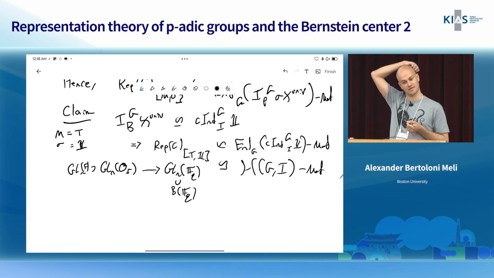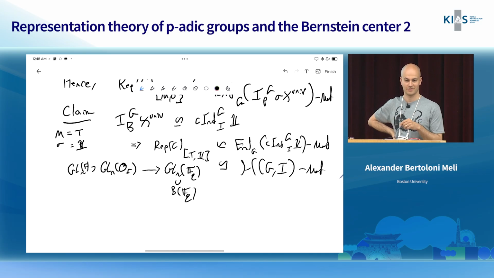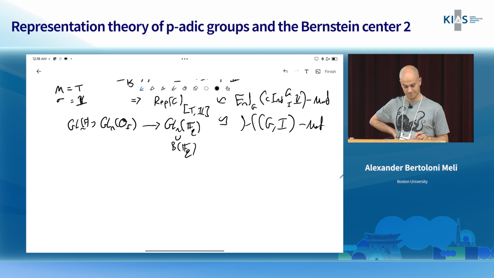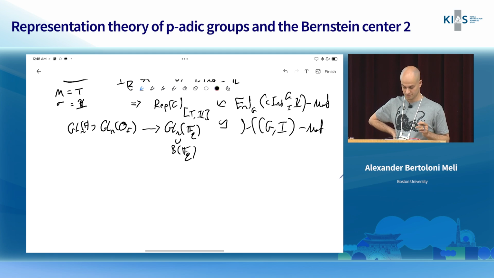In general, you can pick some point in the building corresponding to some integral model, and then you can do the same reduction, and it's the same. Other questions? Okay.